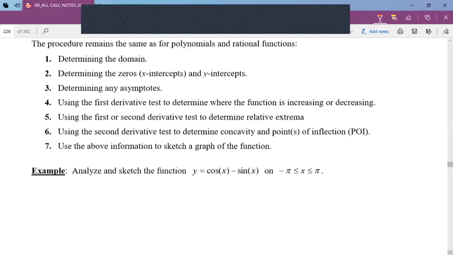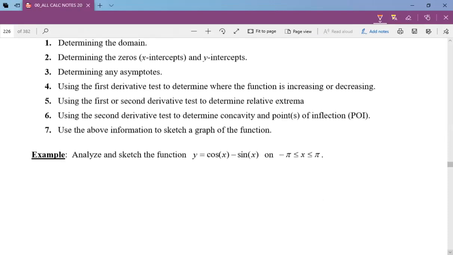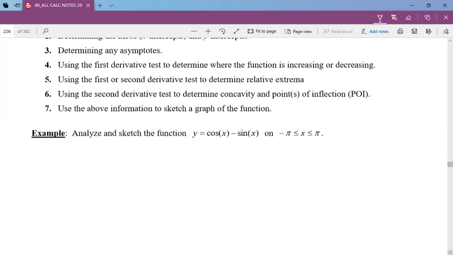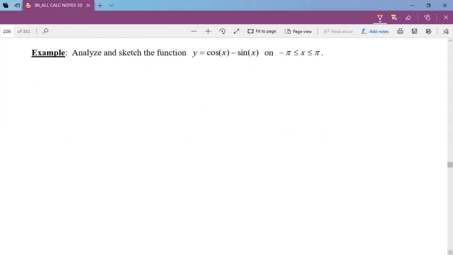With all of these, determine any asymptotes, that includes, we might look at oblique asymptotes. Use the first derivative test to determine where your function is increasing or decreasing, first and second derivative test to determine relative extrema, and then second derivative test for points of concavity, inflection points. And then once we're done with all of that, we're going to throw it all together and sketch our graph.